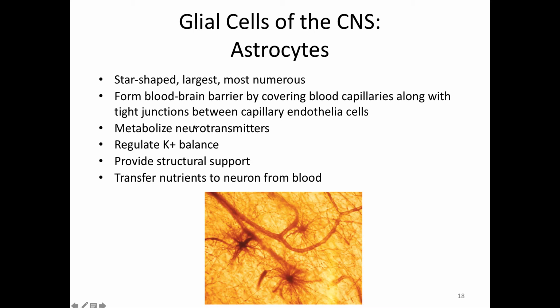Astrocytes are the most numerous. These are by far outnumbering both neurons and the other glial cell types. These help to form the blood-brain barrier by covering blood capillaries with their little cell feet. So pseudopods, and pseudopod means pretend foot.